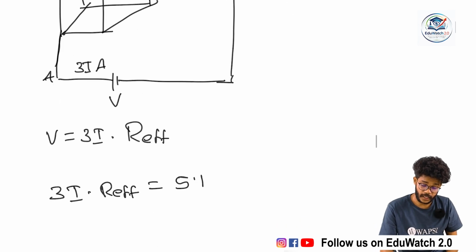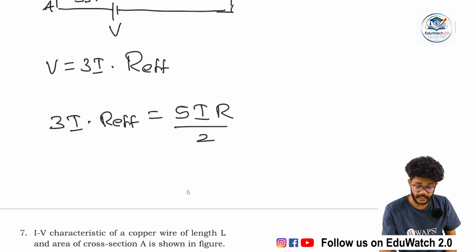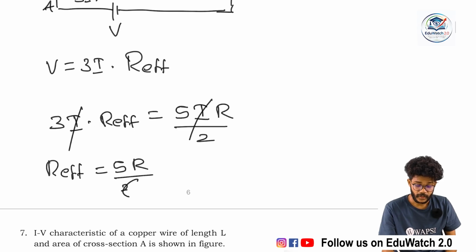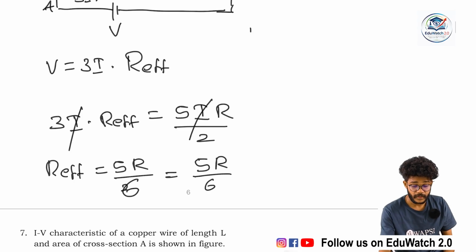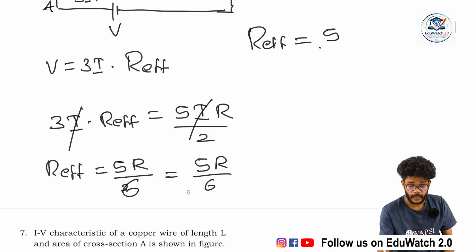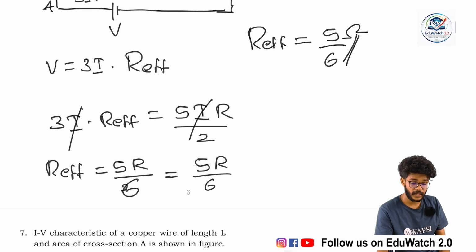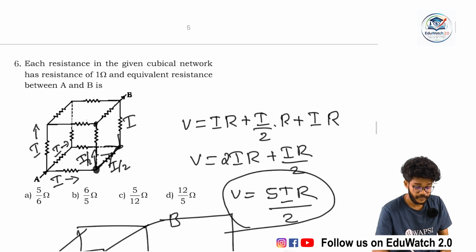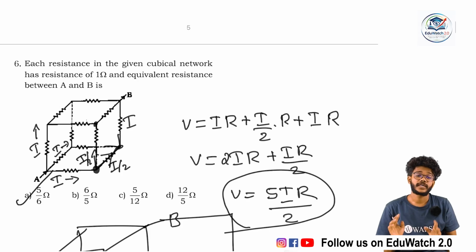I can cancel these I's, and R effective is equal to 5R by 2 into 3, which is 5R by 6, and we know that R is 1 ohm. So R effective is equal to 5 by 6 ohm. So 5 by 6 ohm, option A, is the correct answer.